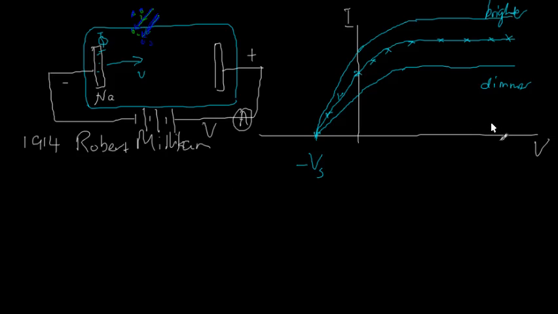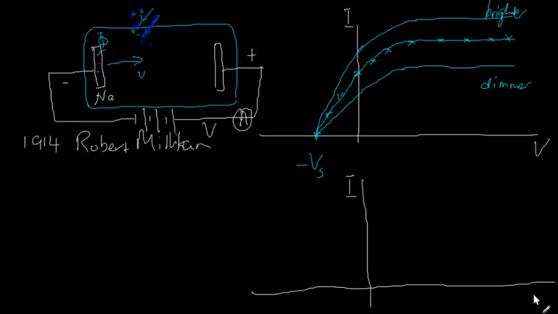Now the next observation, let's look at the next one. Again, current voltage observation. And let's start with a similar curve. This time I'm going to use blue to represent the blue light.